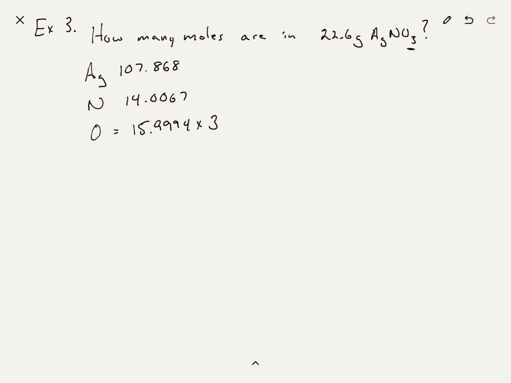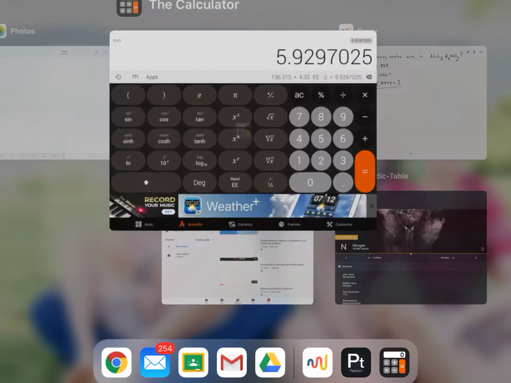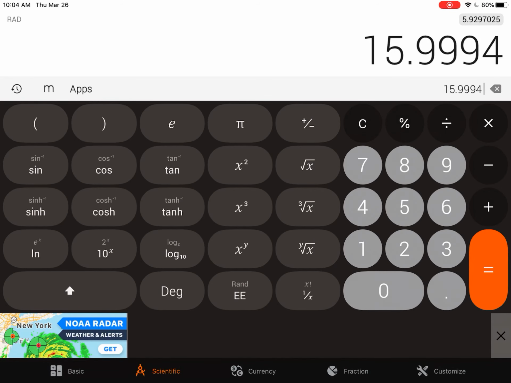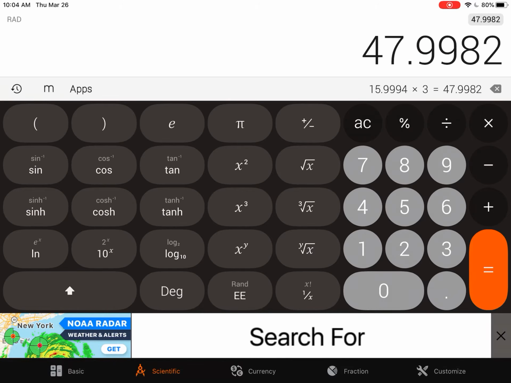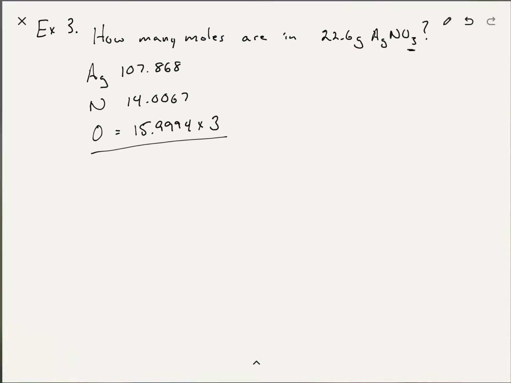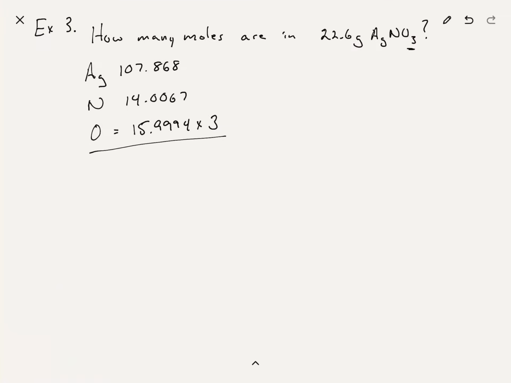So we are going to add all those numbers together. I'll start with the oxygen, multiplying it by 3. So 15.9994 times 3 equals, and then we are going to add our nitrogen and our silver.